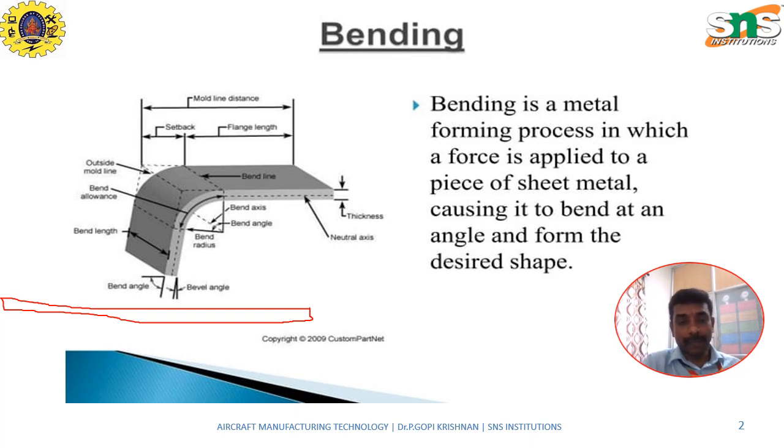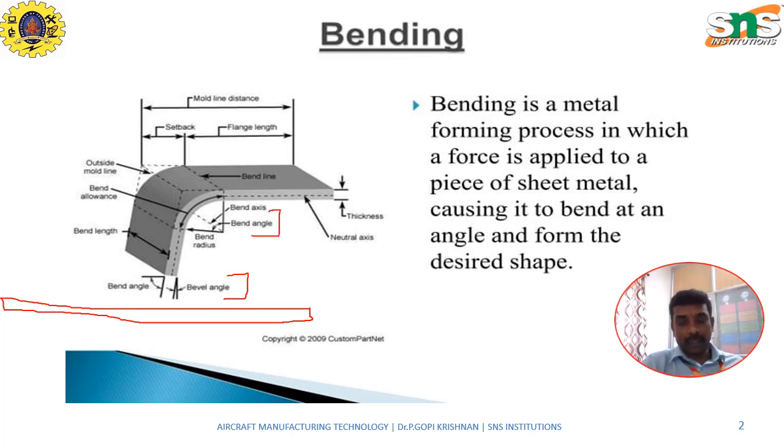So it gets some deviation, say 89 or 88.5 degrees, after the process is over. The difference between the bend angle and the desired angle is called the bevel angle. That is represented here.